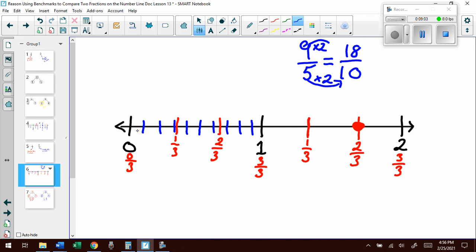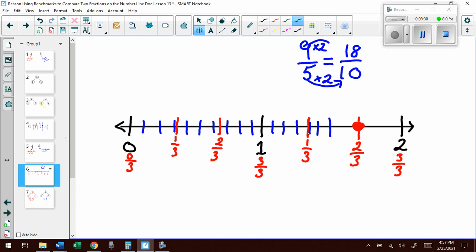Fifths there, so I have 1, 2, 3, 4, 5, 6, 7, 8, 9, 10. This side I'm going to partition in half. What times 2 equals 10? That's 5, so I'm going to partition 1, 2, 3, 4, 5.